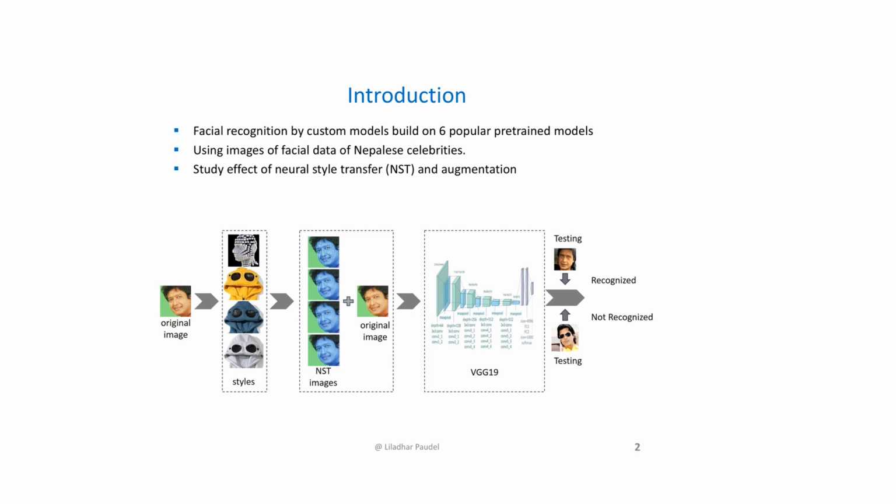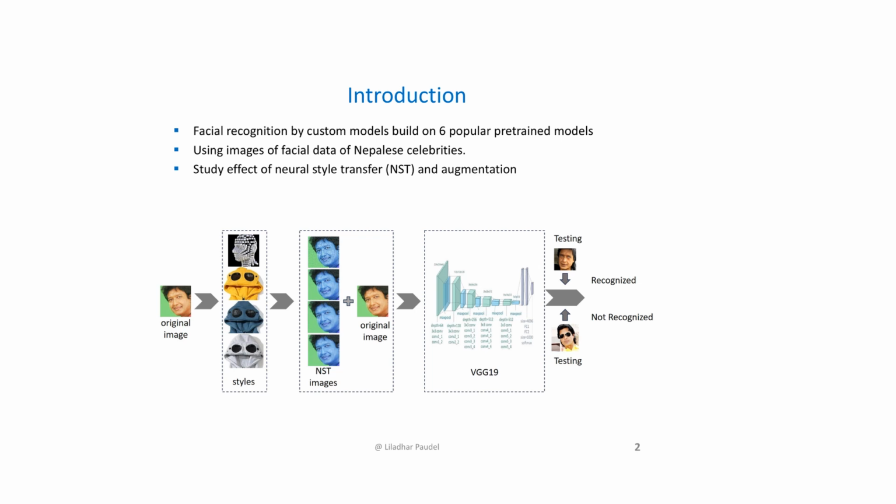When the training images are neural transformed by 4 style images, the number of images increases to 5 times. And all those images are collected together and used for training the models. Once the models are trained, I have to test them.